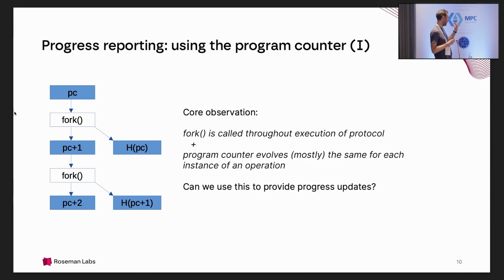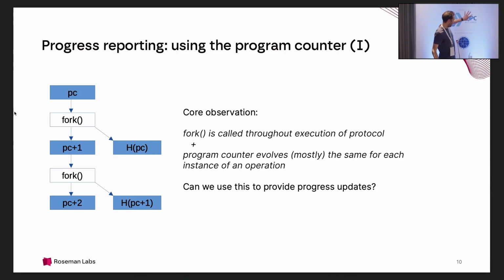It calls this fork function to fork a program counter many, many times throughout the execution of the protocol. Every time that happens, we get a program counter which depends in a predictable way on where we are in the operation. So this program counter evolves mostly in the same way for each instance of an operation, and the idea is to see if we can use this to derive progress updates.